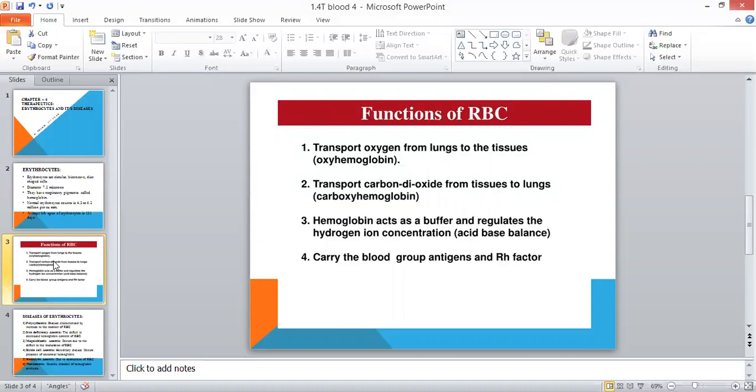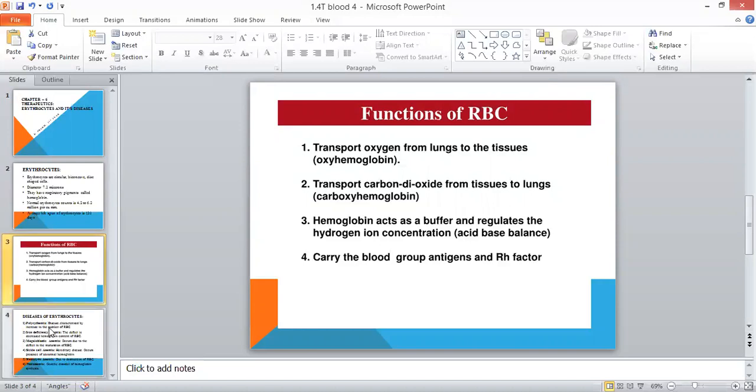Hemoglobin acts as a buffer and regulates the hydrogen ion concentration, and it maintains acid base balance in blood. RBC carries the blood group antigen and Rh factor.